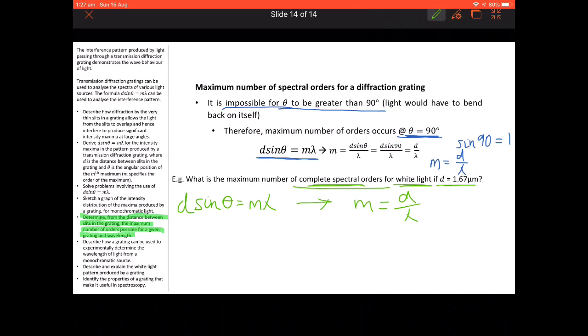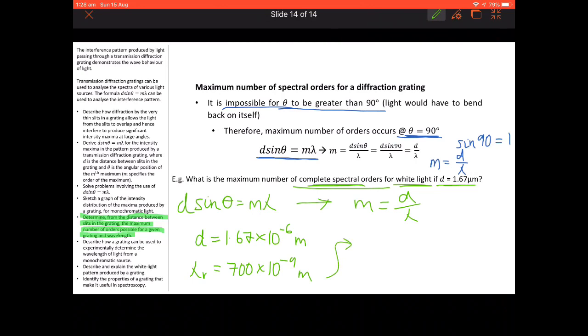So d is going to be equal to 1.67 by 10 to the negative 6 meters, and the wavelength for red light is 700 by 10 to the negative 9 meters.